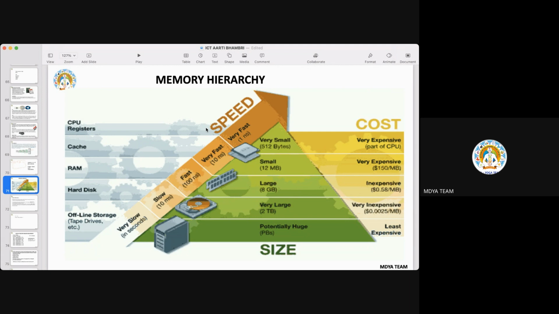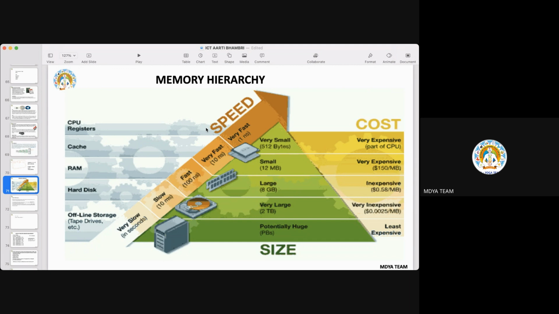So, as you have seen here, the various memories are given: offline storage, that means the external storage, then hard disk, then RAM, then cache, and then CPU registers. All right. So how does the speed go? The slowest is the secondary memory. We have just seen that the external or secondary memories are the slowest as compared to the inbuilt memories.